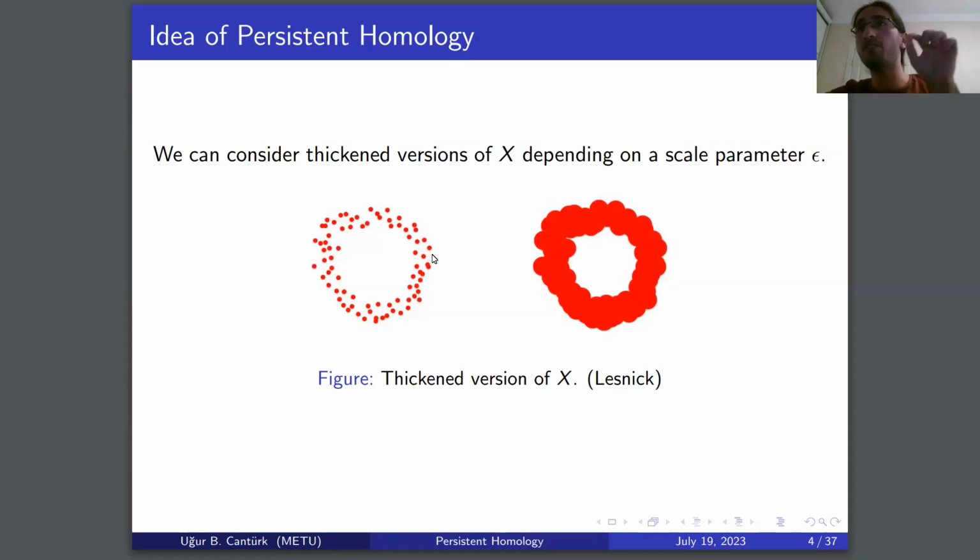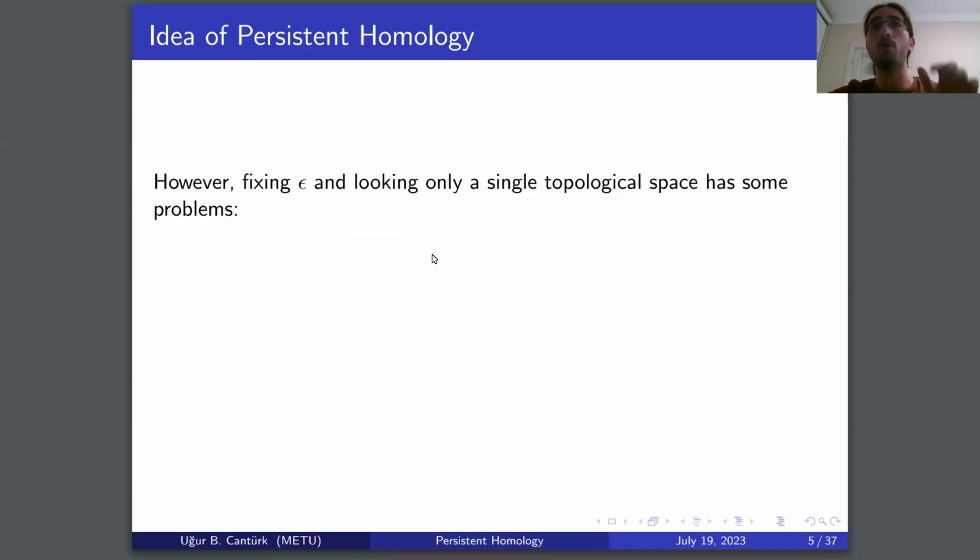But as you can see, we specified and fixed some epsilon, and we looked at a single topological space. Persistent homology has some problems with fixing epsilons. So it says that instead of fixing an epsilon and looking at a single topological space, we consider all of the possible epsilons, and all of the possible topological spaces, because we have the following problems.